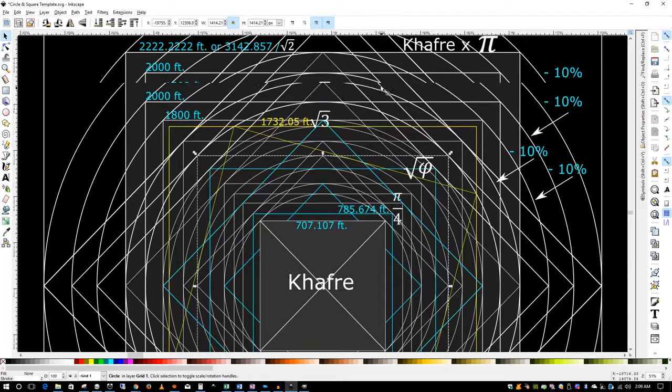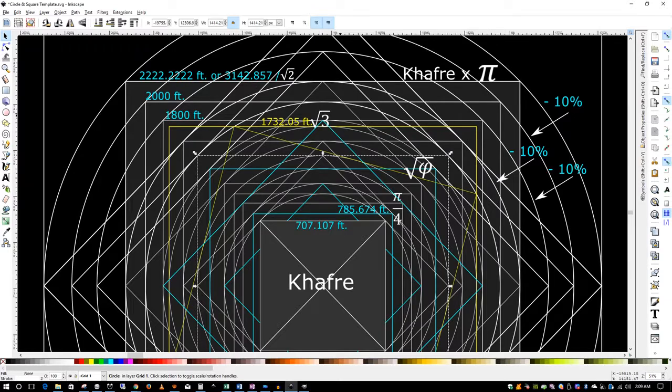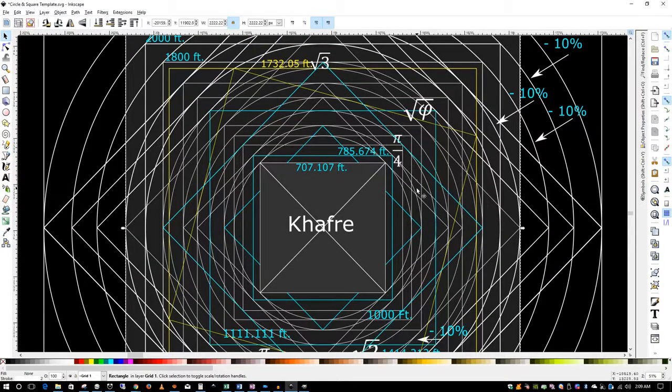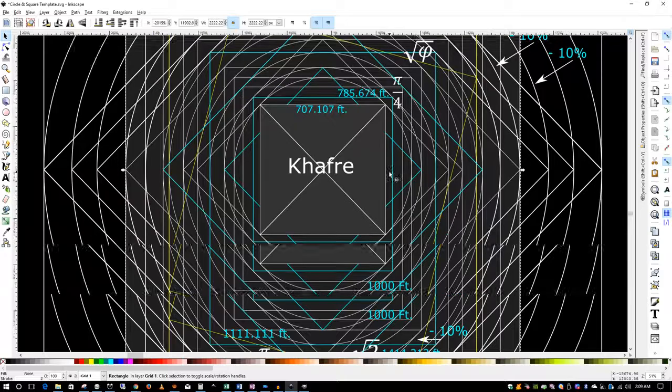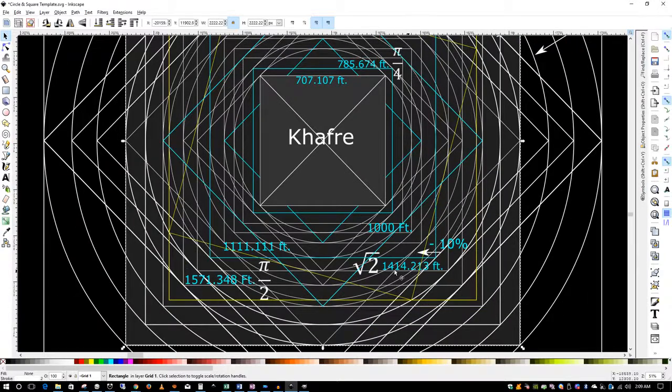And so if we take this 2222 number, which is right here, and if you remember, when we turn it this way, we get 1571.348, which is pi over 2. If we take that number and we decrease it by 10%, we get the square root of 2 ratio.